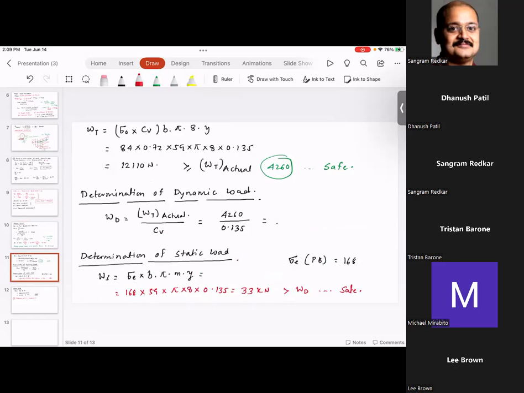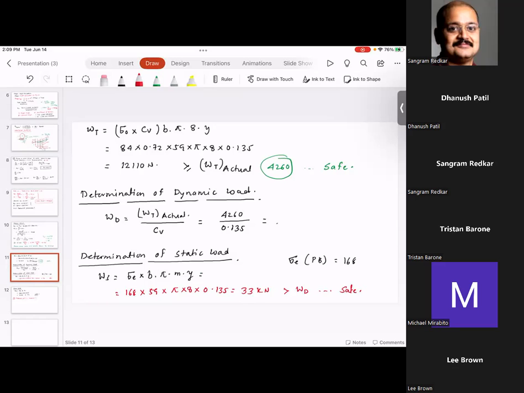So we know that this wheel that we have designed based on the geometrical parameters is able to transmit 12 kilonewtons, which is much more than the required 4260 newtons or 4.2 kilonewtons. That means this assembly is safe.